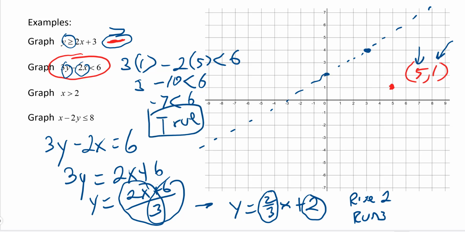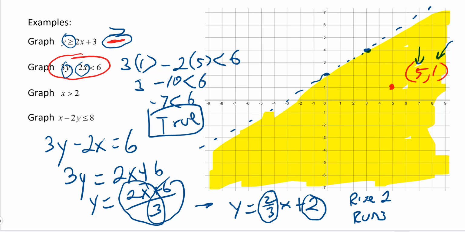Okay, remember what happened last time. Last time we got false, and so we eliminated the side of the line that the point was on. This time we got true. If you get true, that means this point is part of your answer, but it also means that everything on that side of the line is part of the answer. And so our answer is the dotted line along with everything to the right of the line.